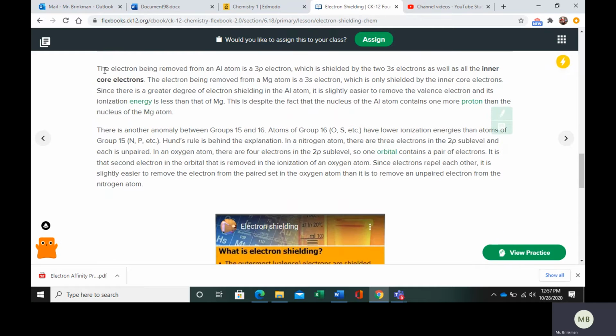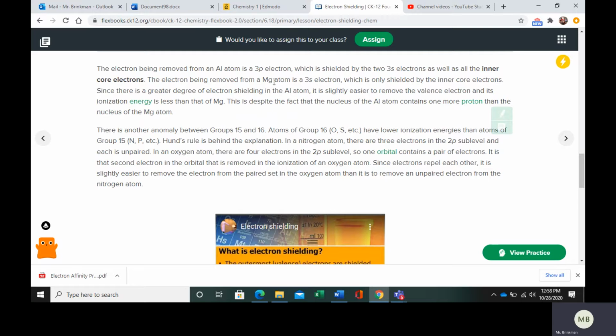So the electron being removed from an aluminum atom is a 3p electron. That is shielded by 2 3s electrons as well as the innermost electrons. The electron being removed from a magnesium atom is going to be a 3s electron.